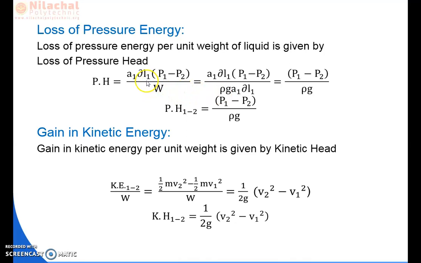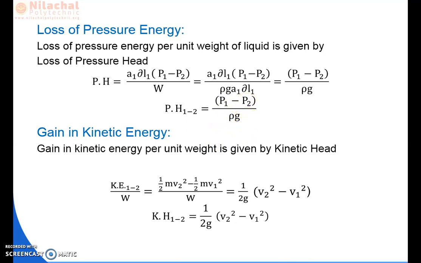Now taking common A1 del L1, bracket P1 minus P2 divided by W, putting the value of W as rho g A1 del L1, the A1 del L1 cancel out. Now that is equal to P1 minus P2 by rho g. So this is the loss of pressure head between the two cross sections, that is P1 minus P2 by rho g.